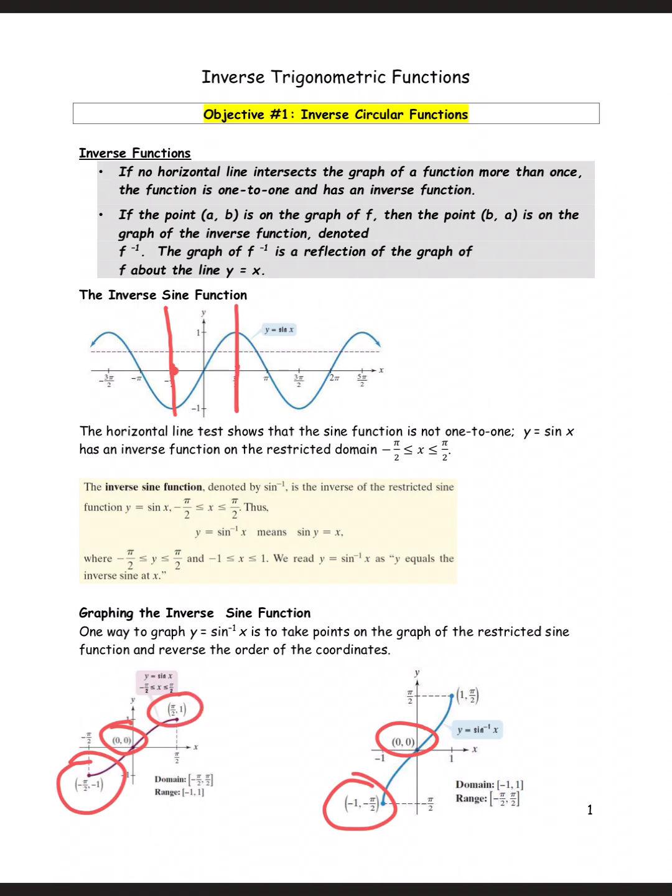And (pi over 2, 1): if I invert that, it's (1, pi over 2). And we're restricting the inverse's domain from -1 to 1 now, and the range is from negative pi over 2 to pi over 2 inclusive. Notice that the domain and range also swapped because we interchanged the points.